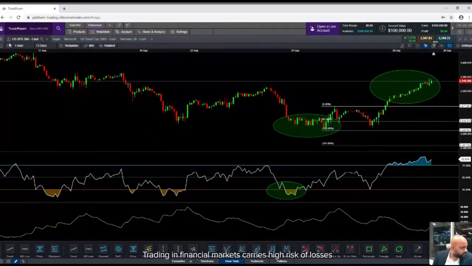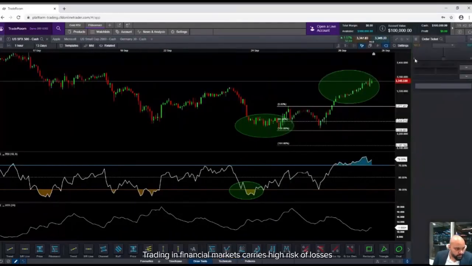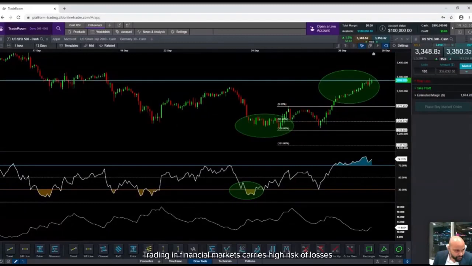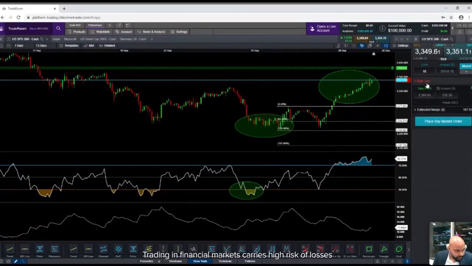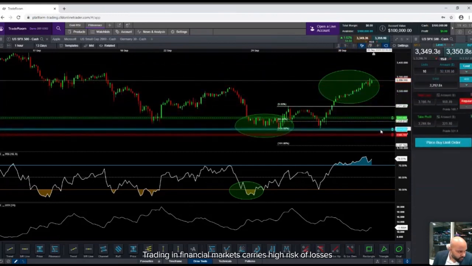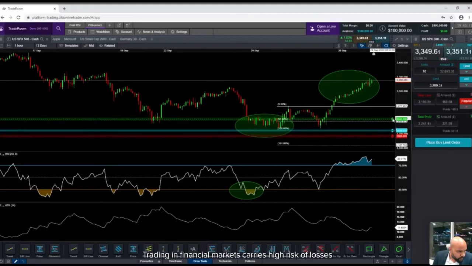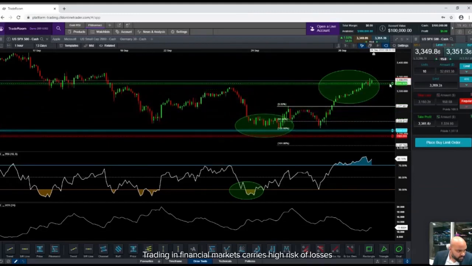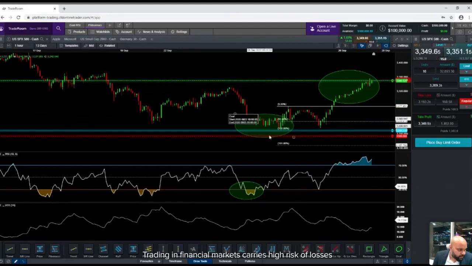Again, let's do a trade on SPX. Assuming that the blue line is where we're going to enter, the green line is where the profit would ideally be if anybody had bought at the blue line, and a stop loss would be on the lower end.